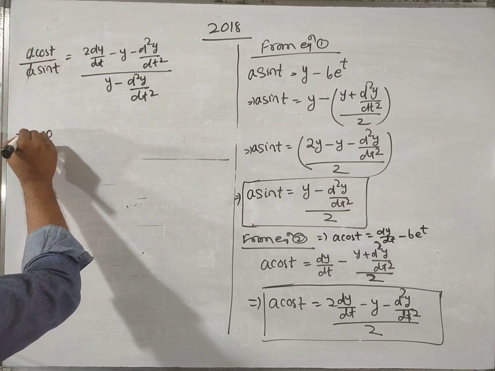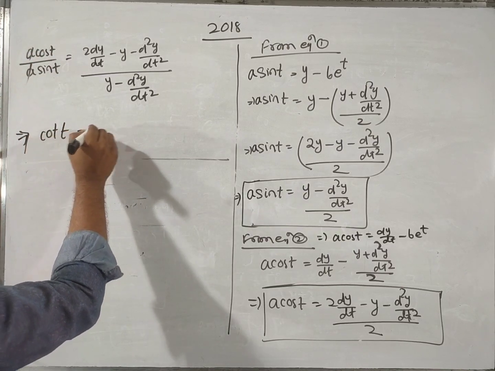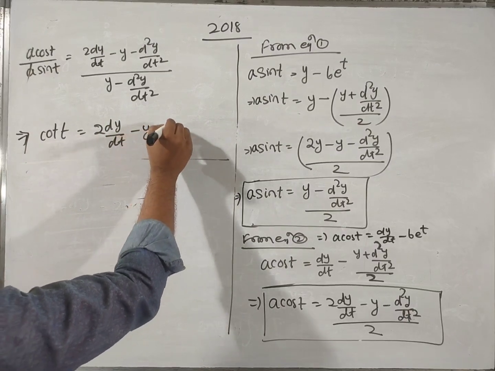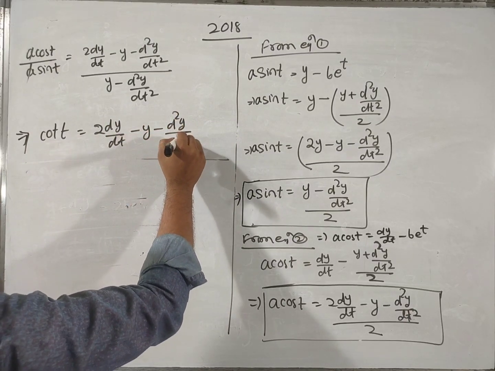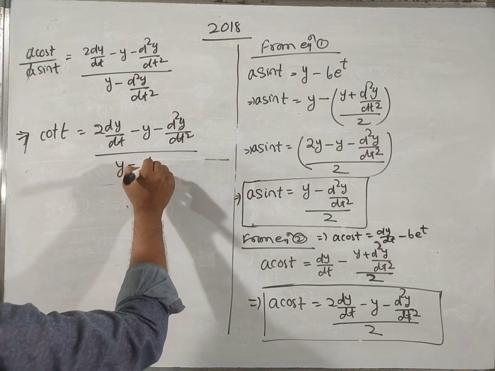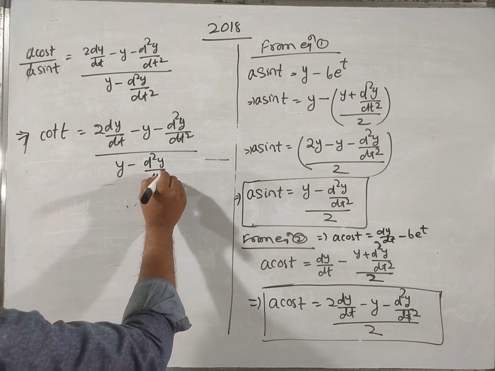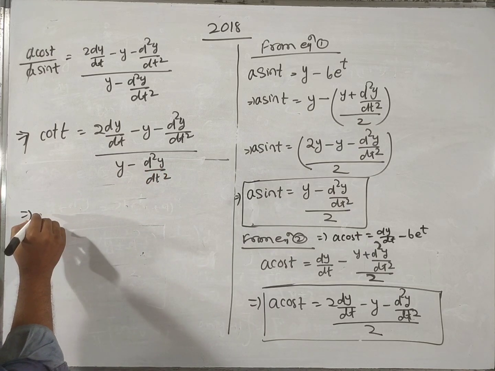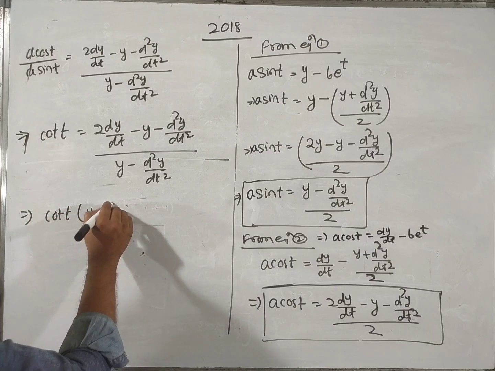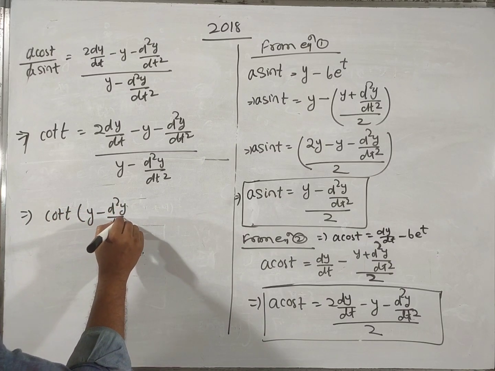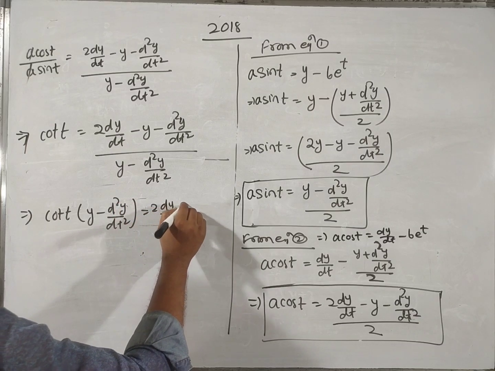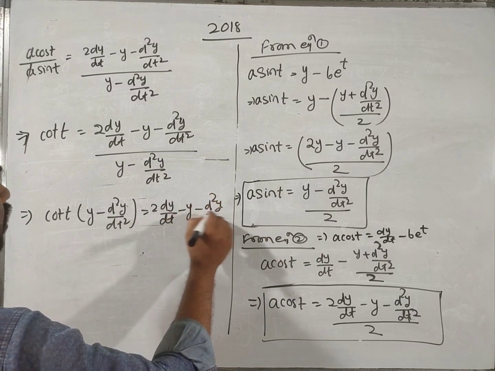Then it will be cot t is equal to 2 dy upon dt minus y minus d square y upon dt square whole divided by y minus d square y upon dt square. Then it is cot t multiplied with y minus d square y upon dt square is 2 dy upon dt minus y minus d square y upon dt square.